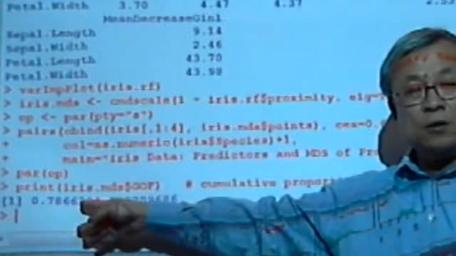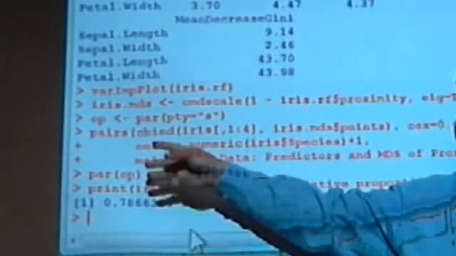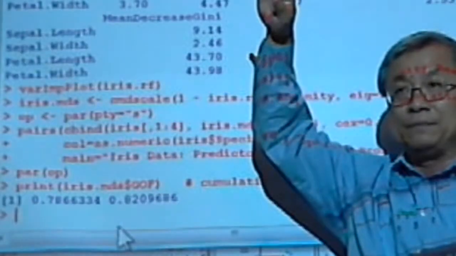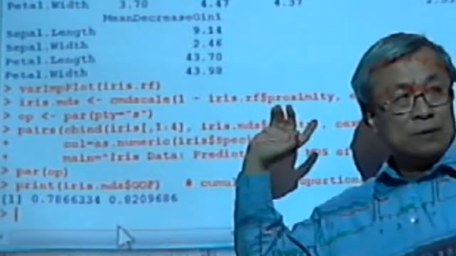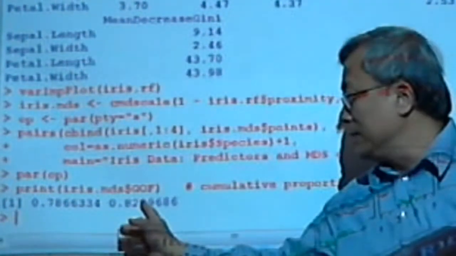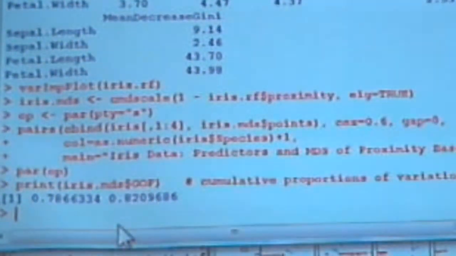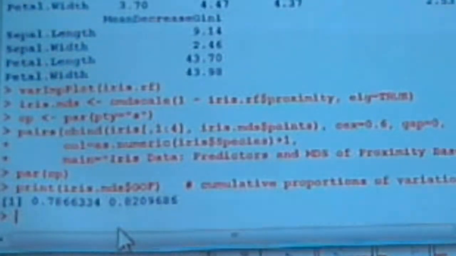The first one already captured about 78% of total variation in your data set. And cumulatively, if you include the 2 dimensions, the ones we see in the graphs, you account for about 82% of variation. Of course, there's still about 18% that we cannot account for by only looking at 2 dimensions.